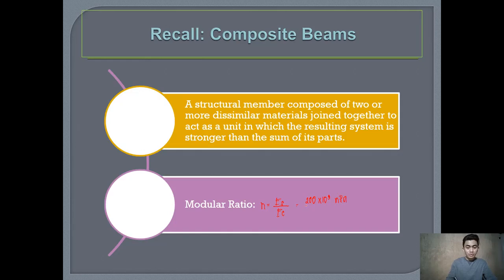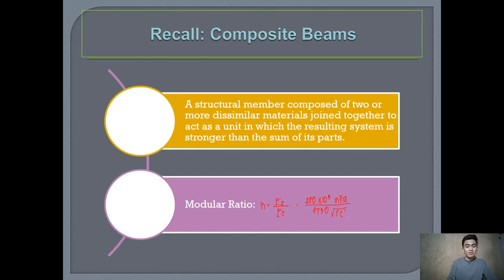For the modulus of elasticity of concrete, we can compute this as from your reinforced concrete 1. If you recall your discussion on reinforced concrete 1, for us to compute the modulus of elasticity of concrete, what do we utilize? We have 4730 square root of fc prime.